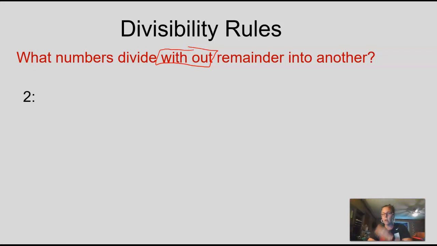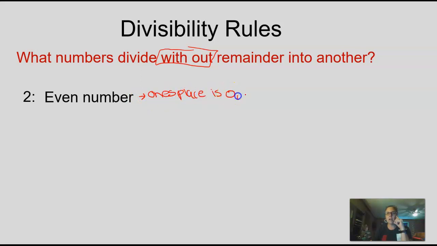So the number 2, how do we know if 2 can divide into a number without a remainder? We know it because if it is an even number, which means the ones place is 0, 2, 4, 6, or 8.